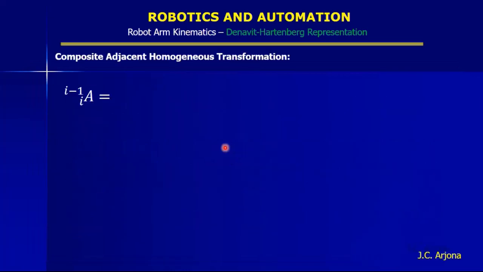Next, to determine the composite adjacent homogeneous transformation, we define it as A. Adjacent means adjacent homogeneous transformation, A i with respect to i minus 1.